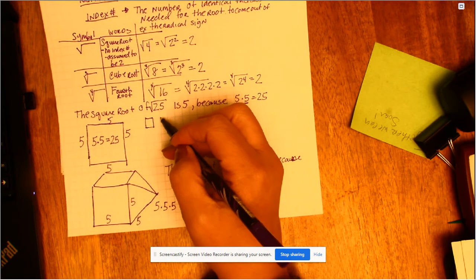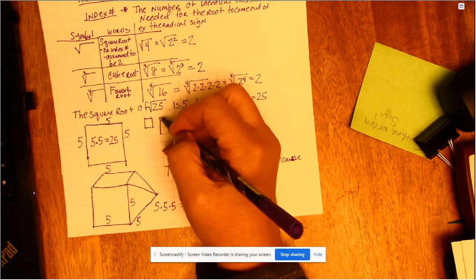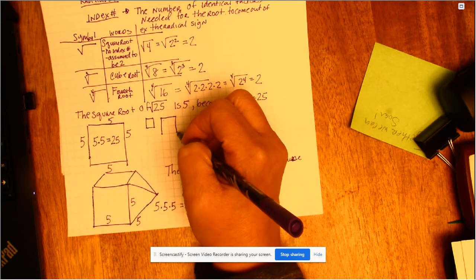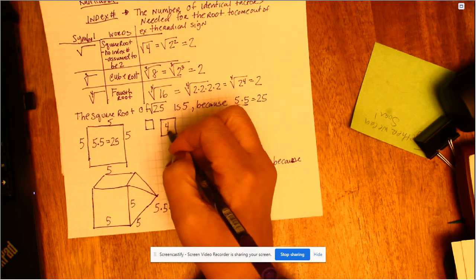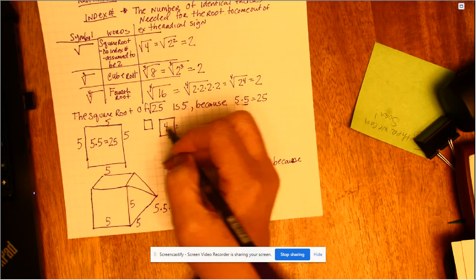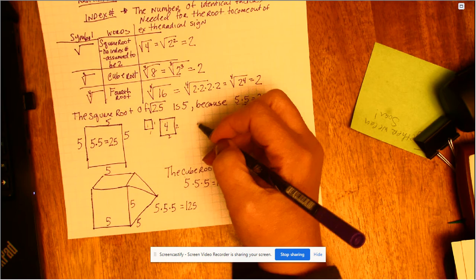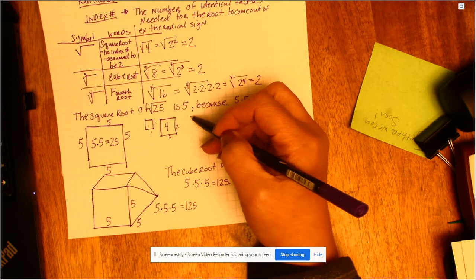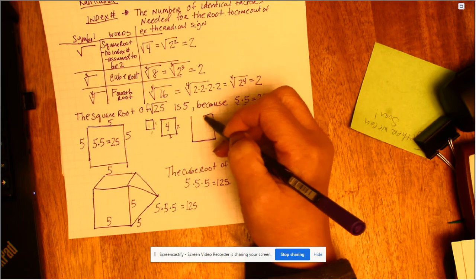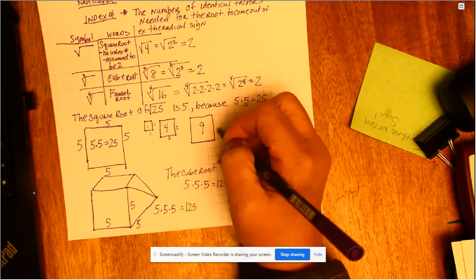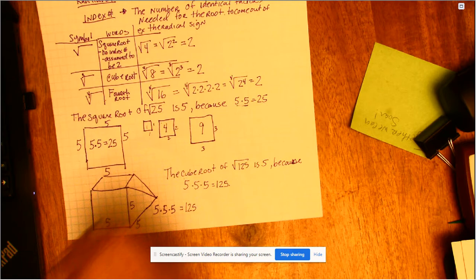We can draw a square that has an area of 4, and each side is worth 2 and 2. We can draw one that is 9, because 3 times 3 gives us 9.